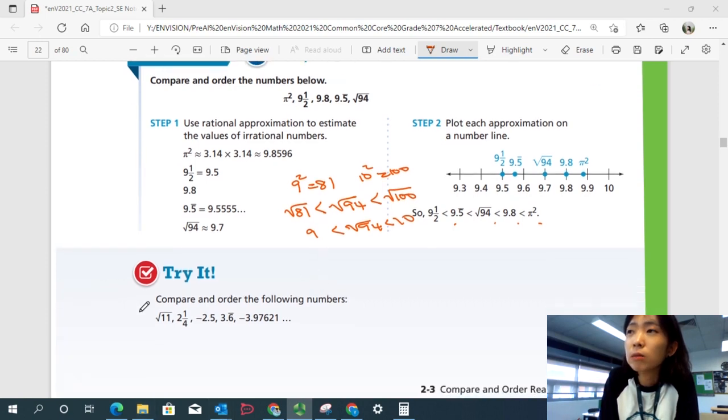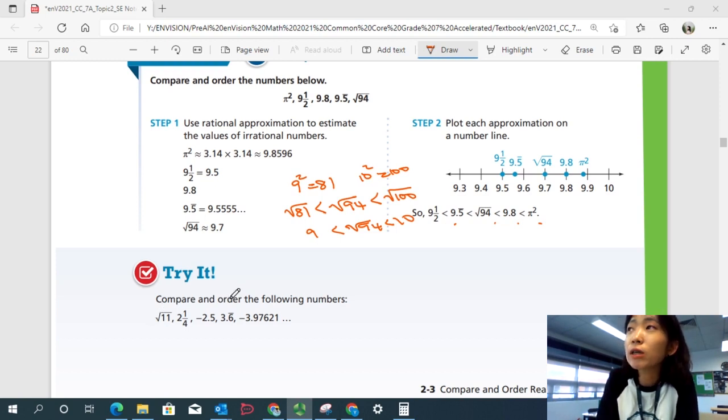Alright, first of all, square root 11. That is the hardest one here out of the others, right? So you need approximation skills to approximate your square root 11 between your perfect squares, and then you need a better approximation by guessing and checking the decimals between those two whole numbers.